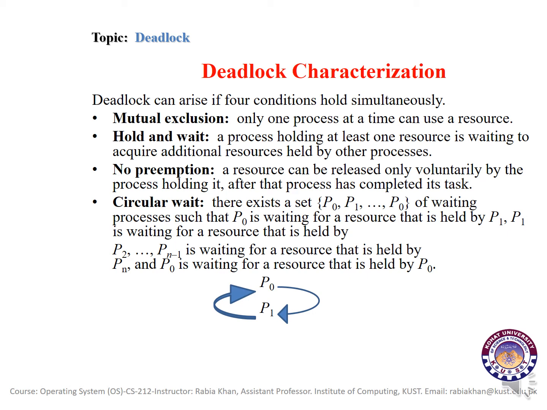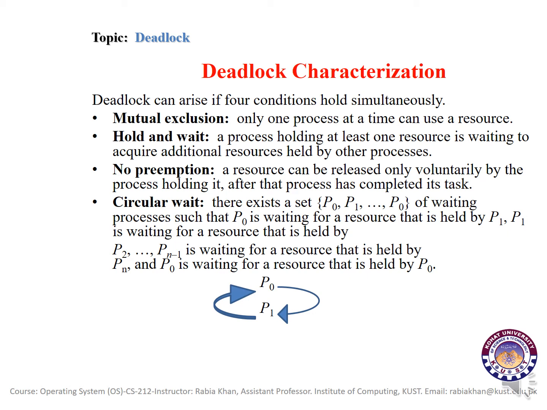Third condition is no preemption. Preemption, as you all know, is to take away a resource from a process without its consent. We have seen this in chapter 3 when we were discussing different CPU scheduling algorithms.